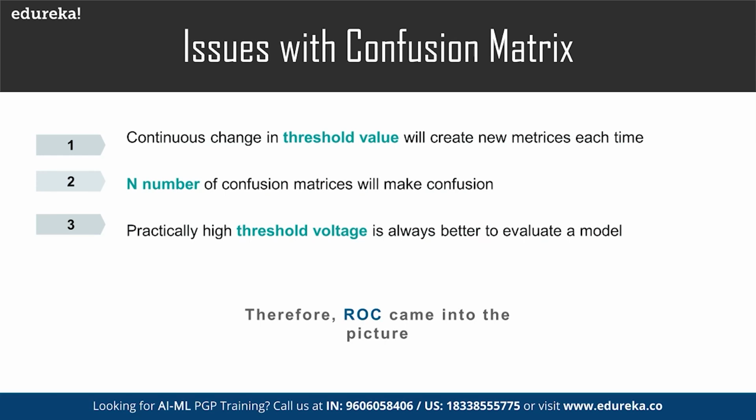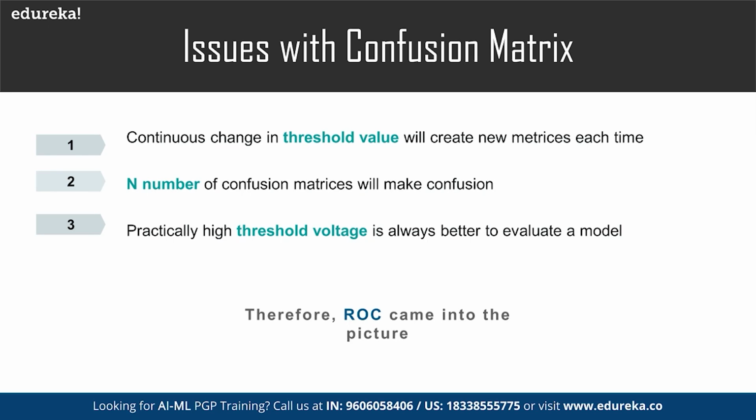Coming to the confusion matrix, continuously changing the threshold value will create new metrics each time. This is quite challenging, and that is why the confusion matrix fails, I would say. When we do not have such a scenario, we do not worry about it and go on to use the confusion matrix. But n number of confusion matrices will cause confusion.